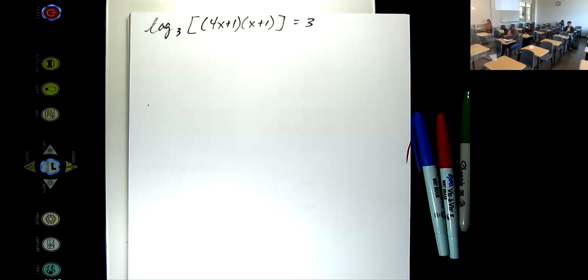So it's already in a log, so what can we do to get rid of the log? Basically, yeah, treat both of those as exponents at base 3.